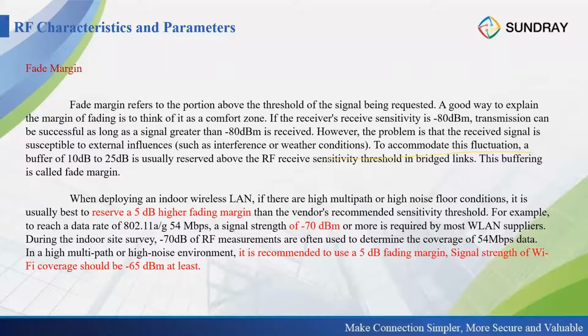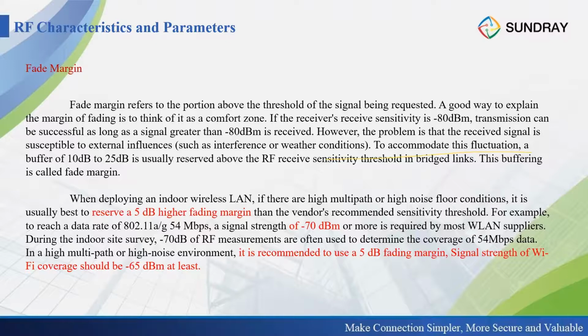Here's the reason. For our phones and the AP to have a speed of 55 Mbps, which is already a very low speed, our devices need a signal strength of negative 70 dBm. At negative 70 dBm, we can achieve 55 Mbps between the device and the AP.